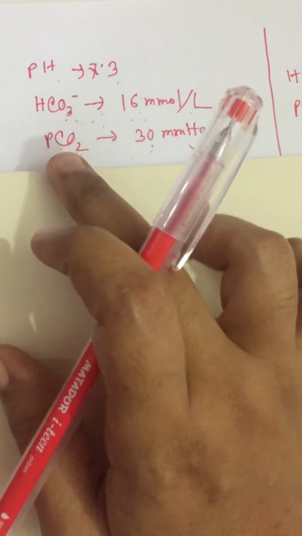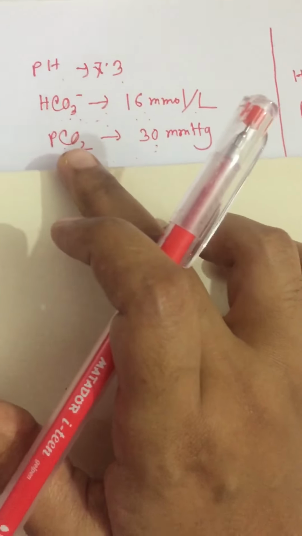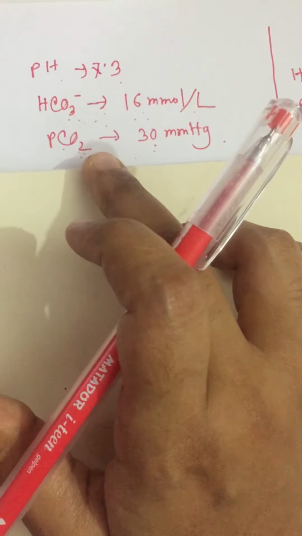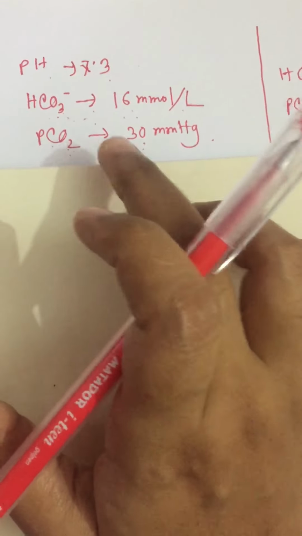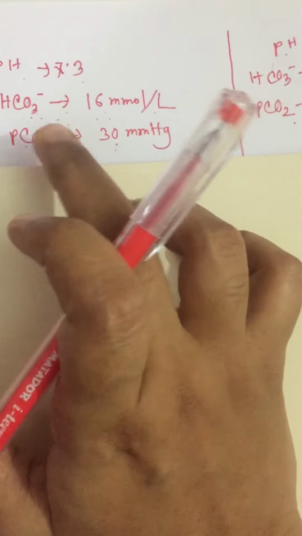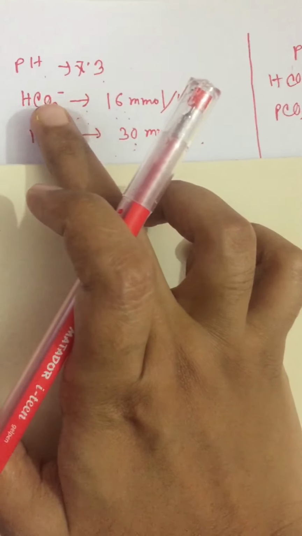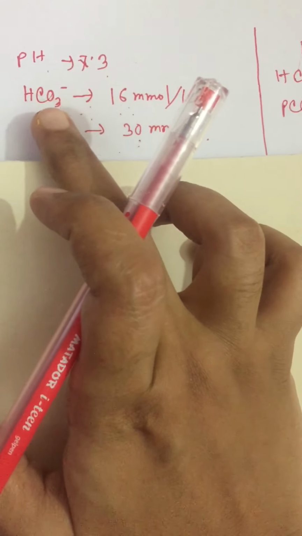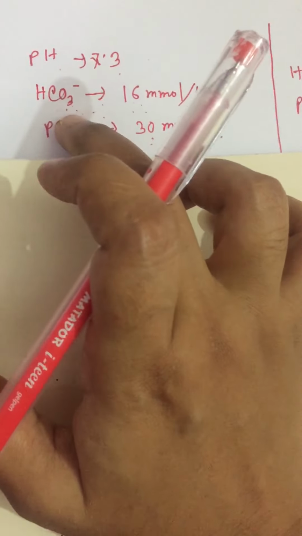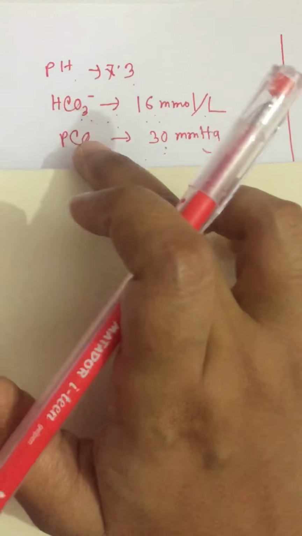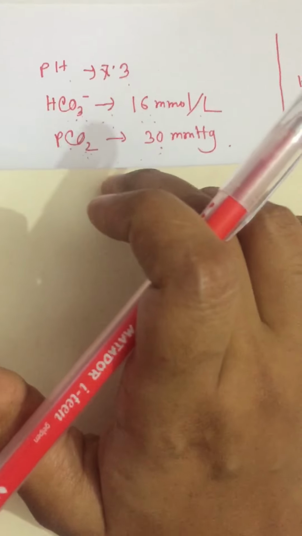Now we will see the partial pressure of carbon dioxide level to see the compensation, whether compensation has occurred here or not. To compensate metabolic acidosis, that means as bicarbonate level is decreased here, partial pressure of carbon dioxide will also be decreased.